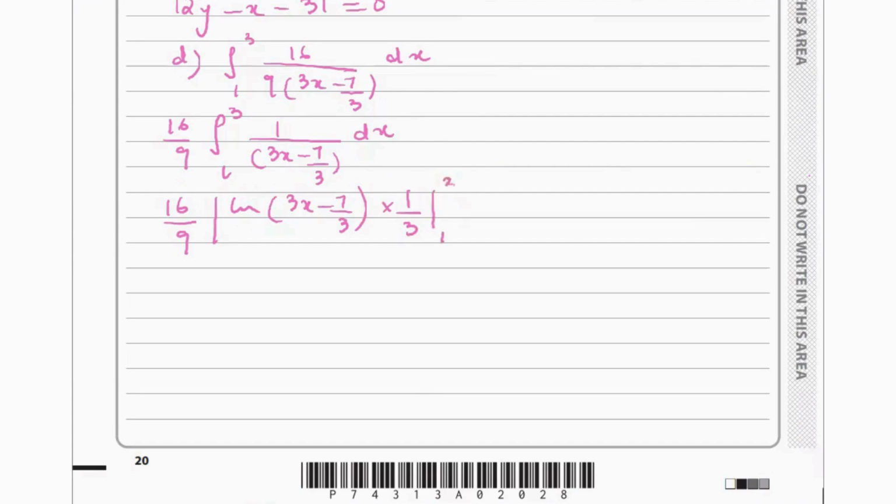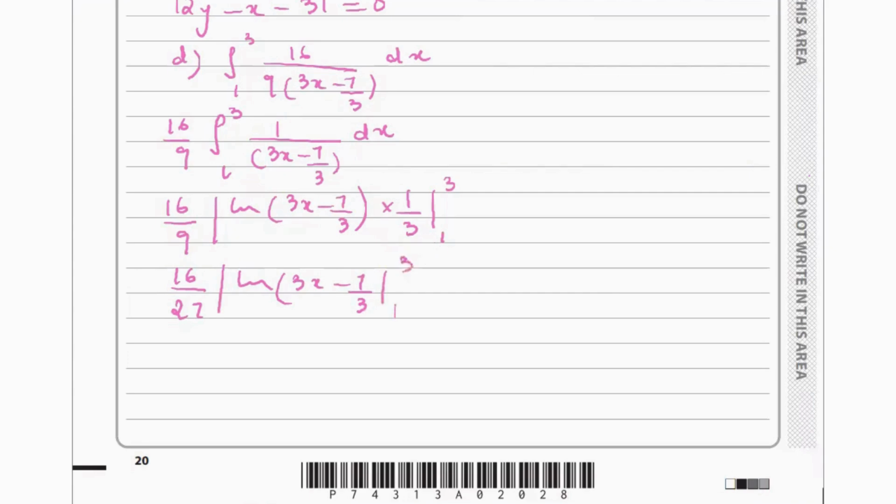Once again, if there's a bracket in the denominator and the bracket has a power of 1, we will use ln to integrate it. If we bring the 3 outside as well, it's going to be 16 over 27 times ln of (3x minus 7 over 3). Let's make it simpler.